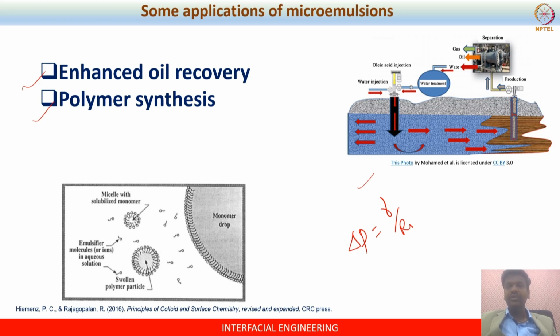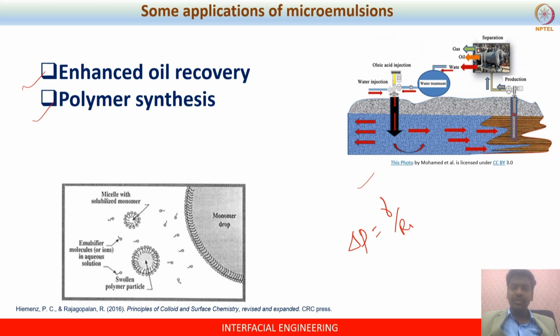So here comes the application of microemulsion. It can be very well applied here. If you use a mixture of surfactant and co-surfactant, we can minimize the surface tension to a large extent, at least two orders of magnitude from the existing value. In that case, you can reduce the delta P drastically.